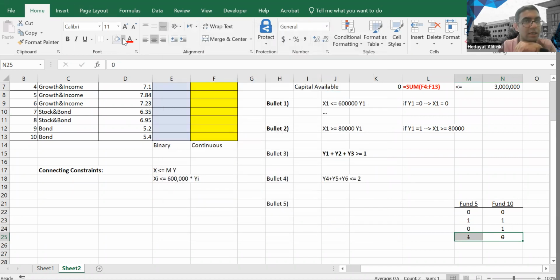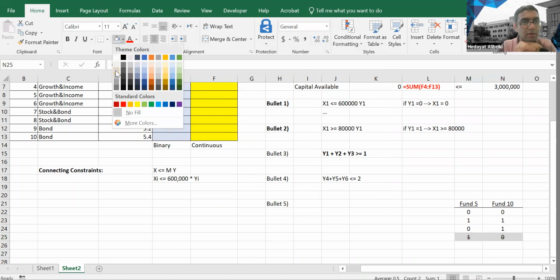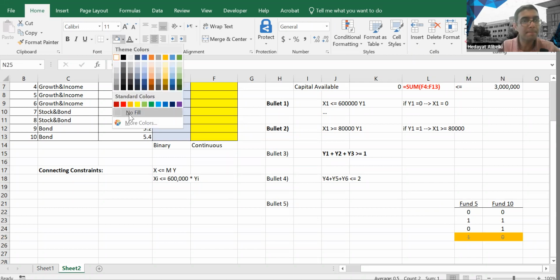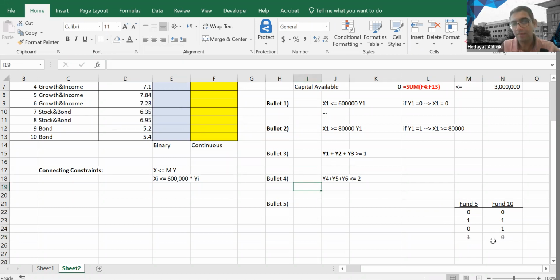It's not good. So we are ruling out this case. You can't invest in fund 5 without investing in fund 10. This is not acceptable. How do I write a constraint to rule out this case?